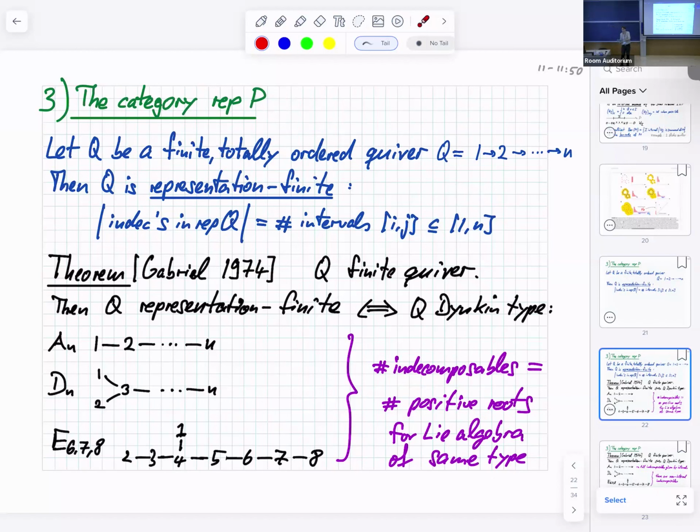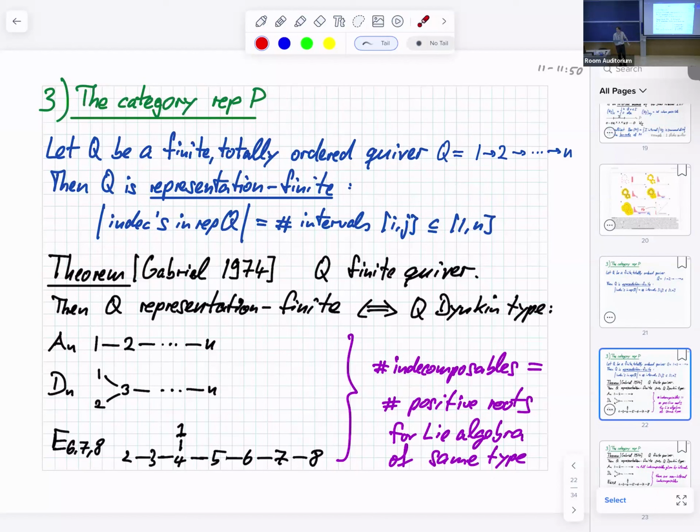There are Dynkin graphs of type A, B, C, D. Some don't appear here, but there's a link between those simple Lie algebras and the quivers: the representation finite quivers are exactly those corresponding to the simple Lie algebras of these types.